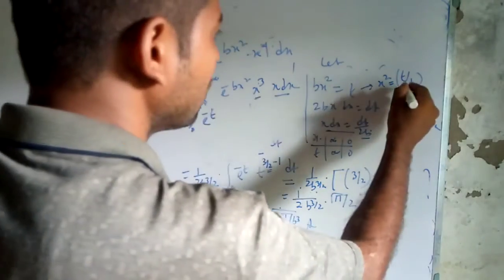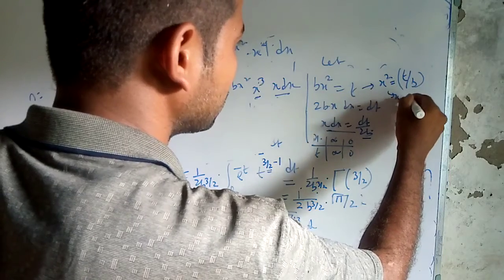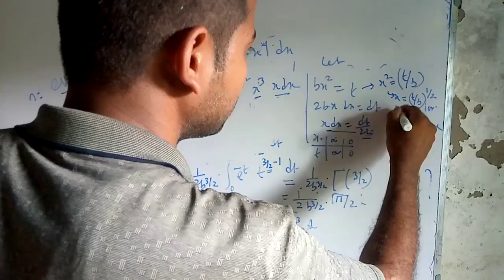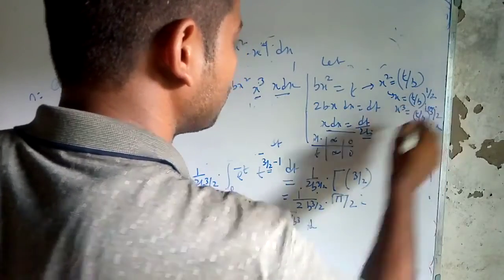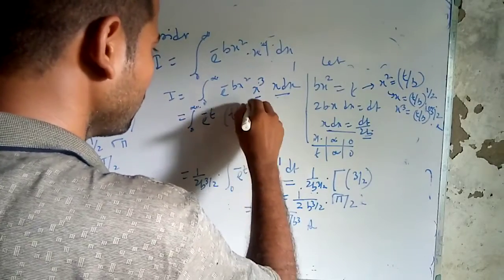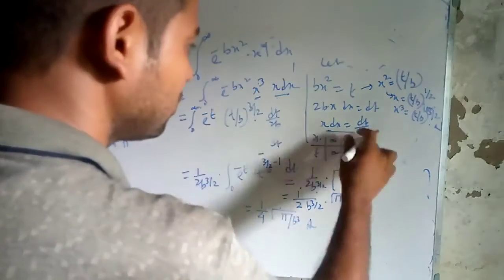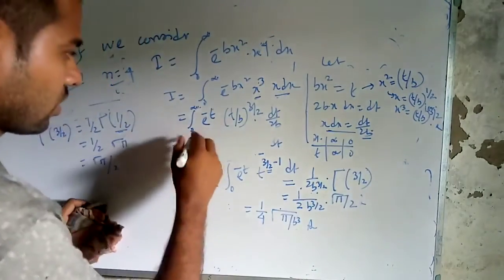Here x is t by b to the half, and x cubed is t by b to the 3 by 2, into dt by 2b. You input this value 2b.